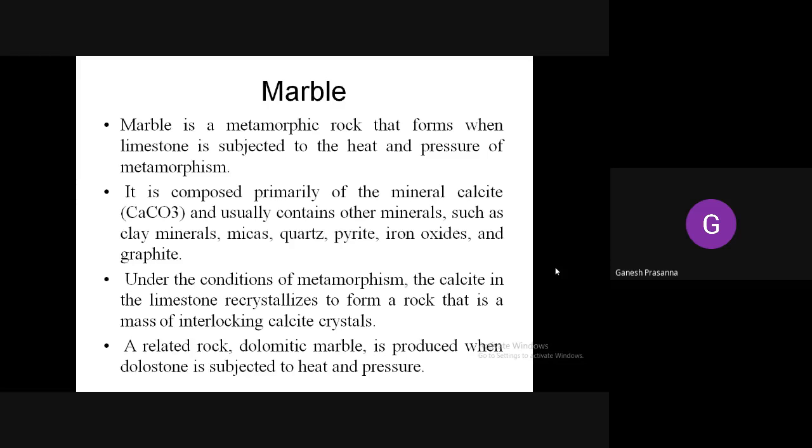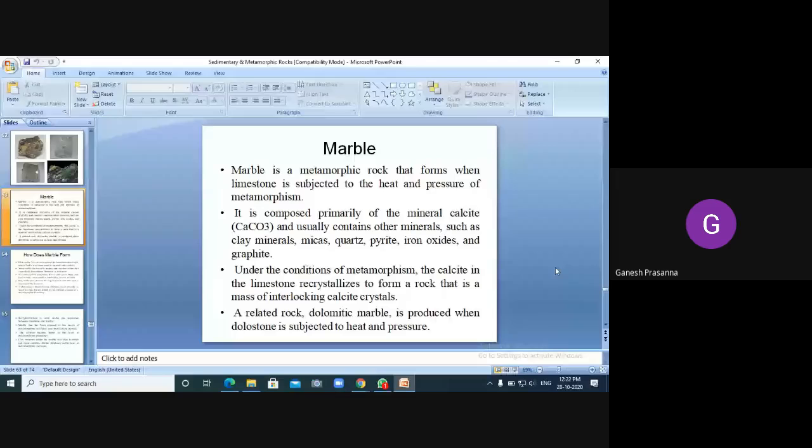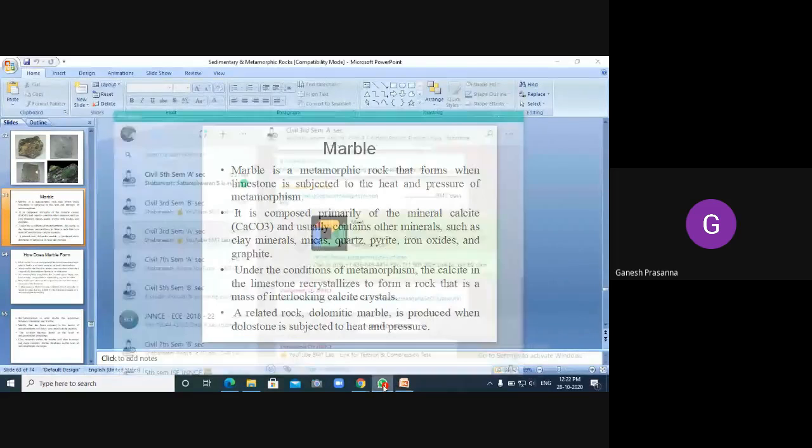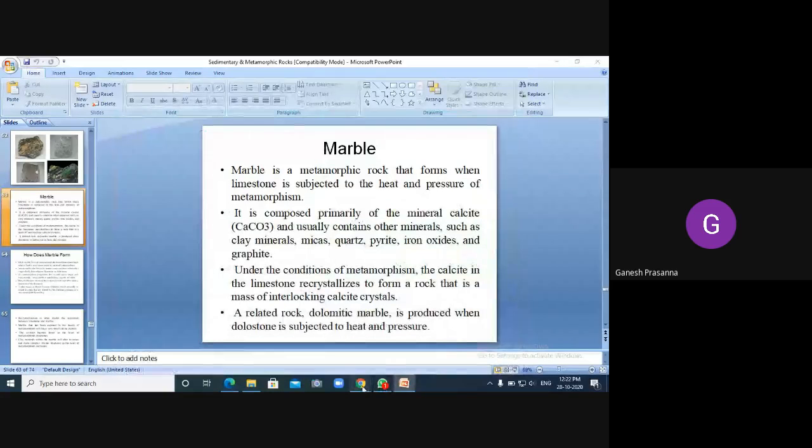During this course, that heat is sufficient. If the magma moves on a limestone body, the heat which surrounds it is sufficient to convert the limestone into marble.